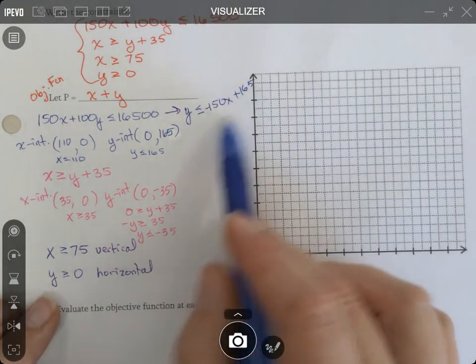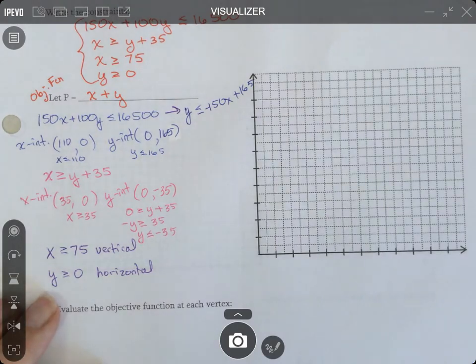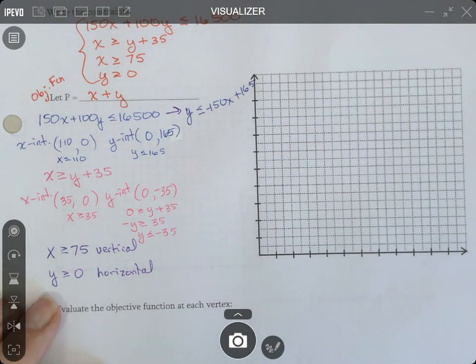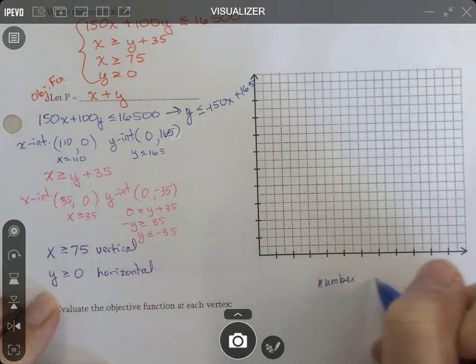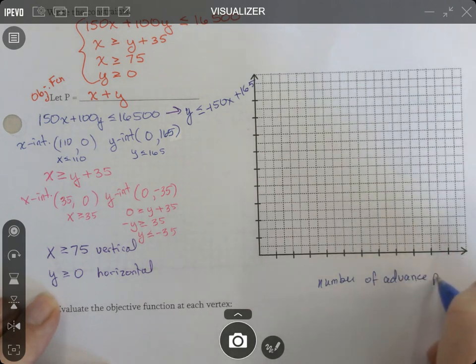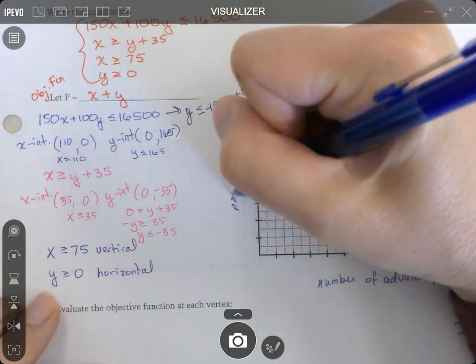Either way I cut it, that's going to be a hard one to graph. So let's start with this. Number of advanced players. And we'll come back. Number of advanced players. And this is number of intermediate.